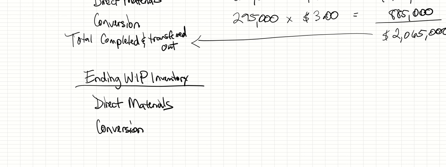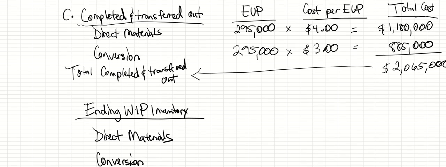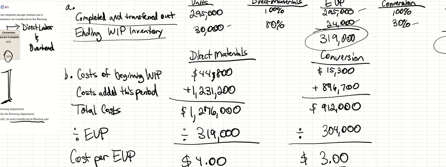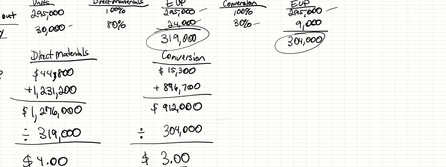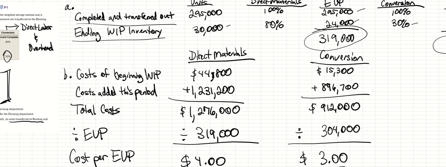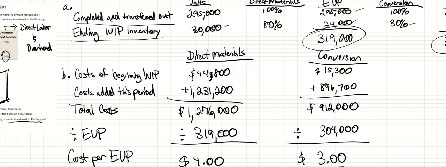Let's start with direct materials. The EUP for ending work in process, going back up to letter A, you have to make sure you're grabbing the correct numbers. We're looking at ending WIP, and we're going to grab the 24,000.